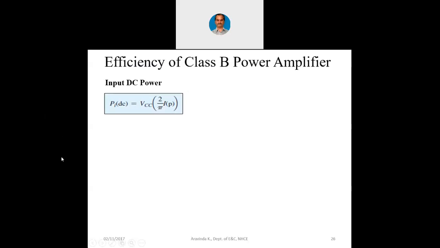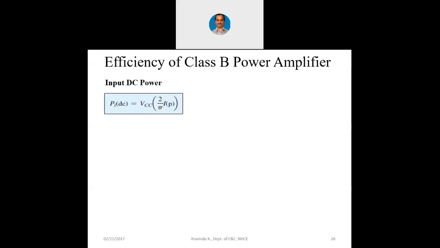Whereas in class A, we were working with the full cycle. You may ask why in class B we are using this formula, whereas earlier we used Vp by root 2 or Ip by root 2. There the amplifier is working for the full cycle. When it is working for the full cycle, we are comparing AC and DC with respect to driving the load.